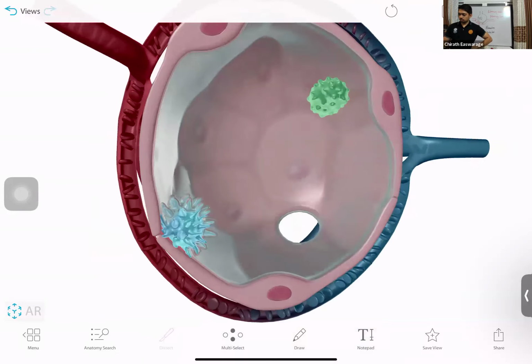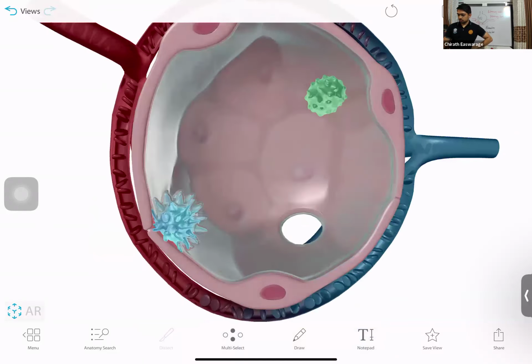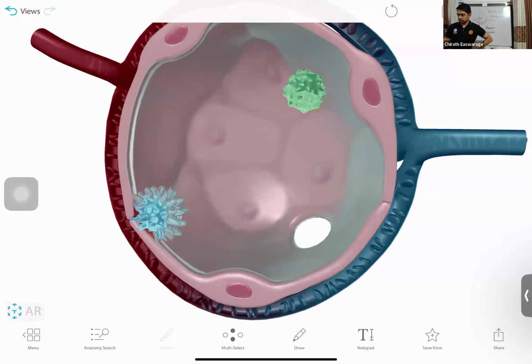Can anyone tell me what are these cells that are making the wall of the alveoli? Tissues?